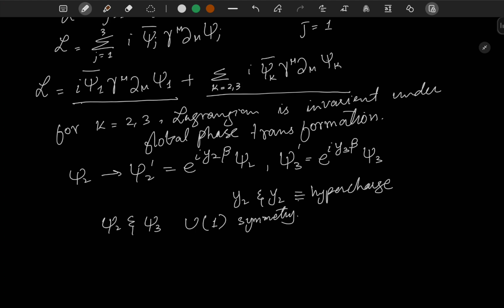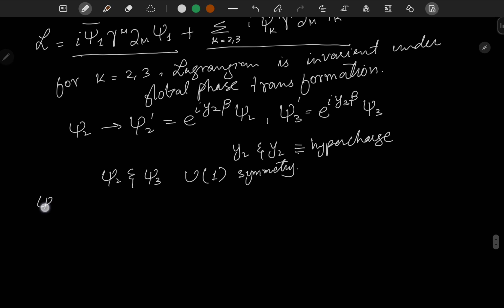Now in the case of psi1, which is a doublet, it follows SU2 symmetry.